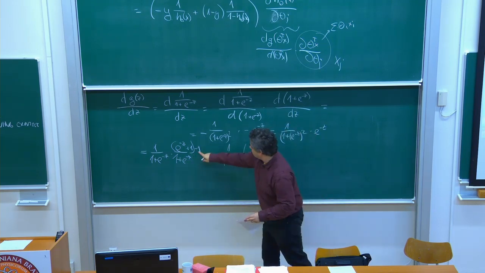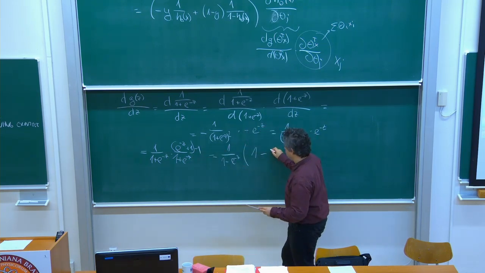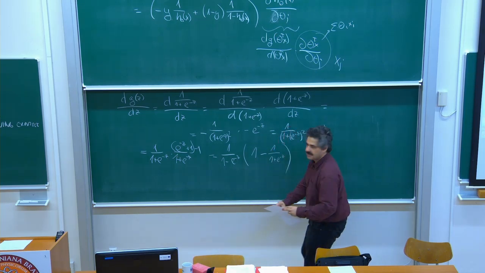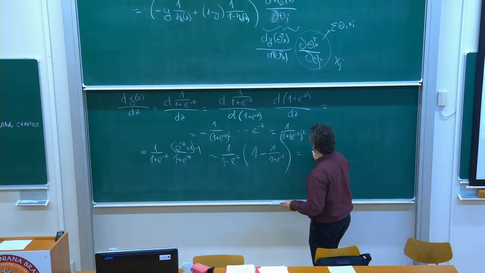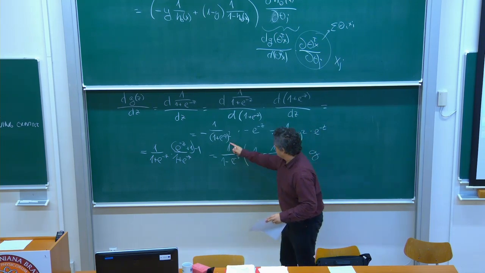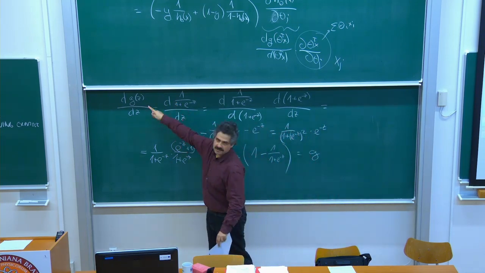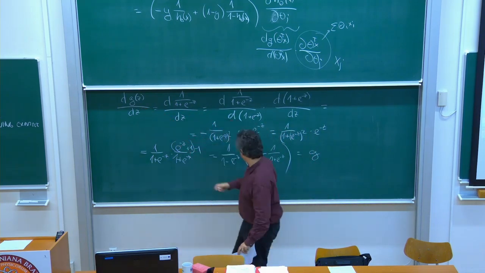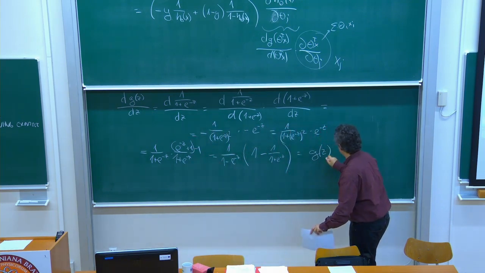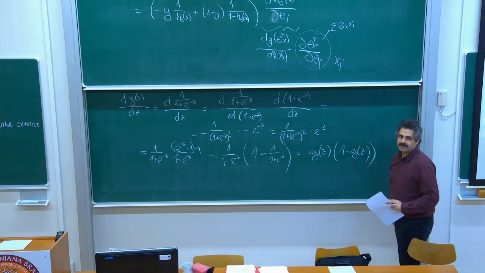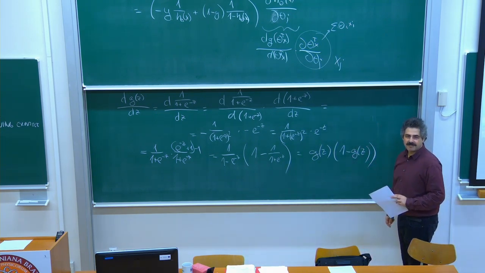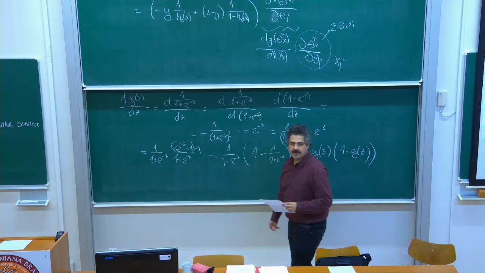Minus, and what will remain is 1 over (1 plus e to the minus z). So in fact, this is just the original function, the sigmoid function. So we are getting g(z) times (1 minus g(z)). So this is the derivative of the sigmoid function.